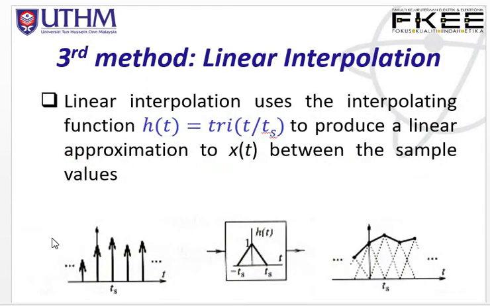The third method is the linear interpolation. Linear interpolation uses the interpolating function h(t) equal to tri(t over Ts) to produce a linear approximation to x(t) between the sample values.